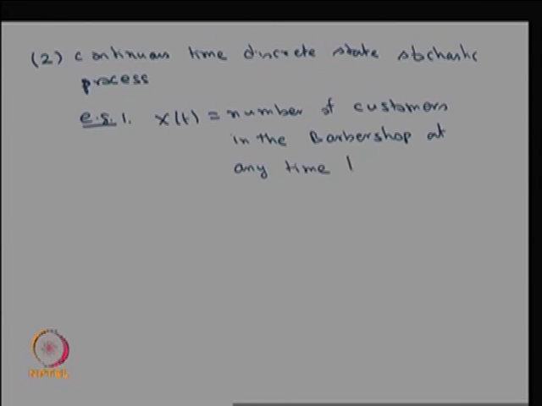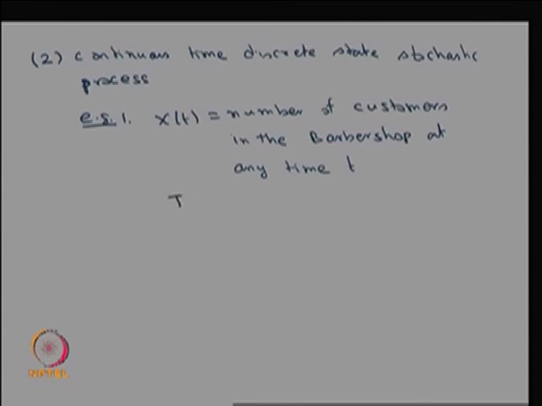In the earlier example, we have seen the number of customers in the barber shop for the nth customer's departure. Now, we are seeing the number of customers in the barber shop at any time t. Therefore, we are looking at how many customers are in the barber shop at any time t.